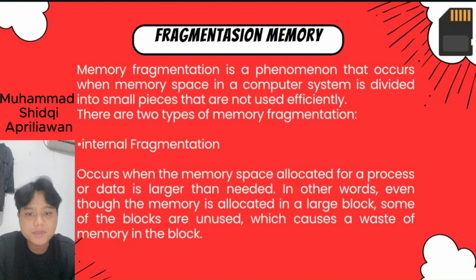There are two types of memory fragmentation: internal fragmentation and external fragmentation. Internal fragmentation occurs when the memory space allocated for a process or data is larger than it needs. In other words, even though the memory is allocated in large blocks, some of the blocks are unused, which causes waste of memory in the block.